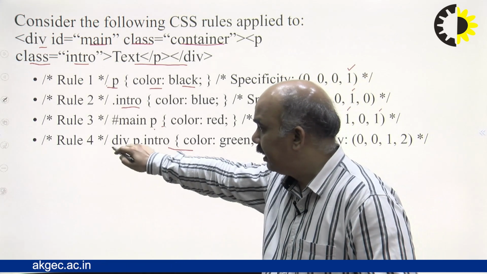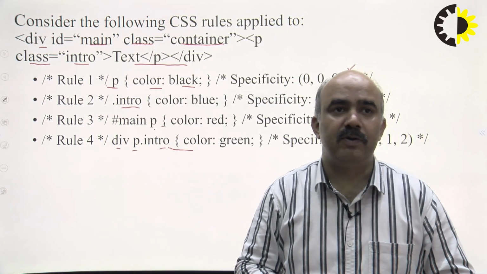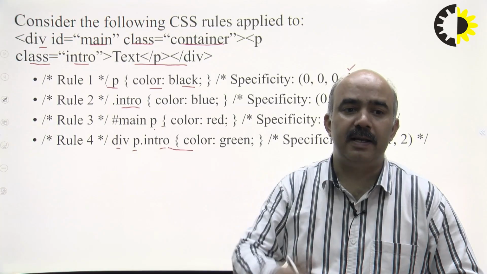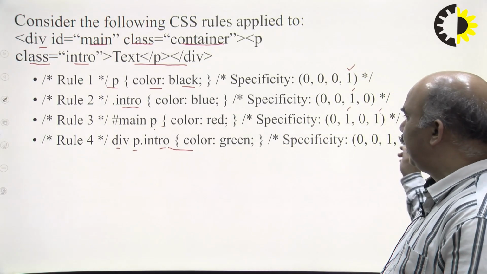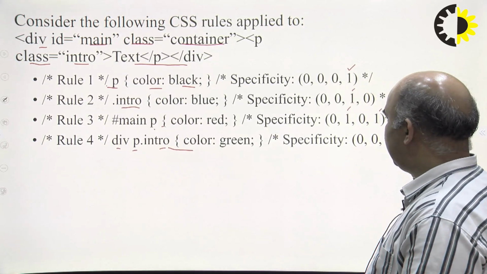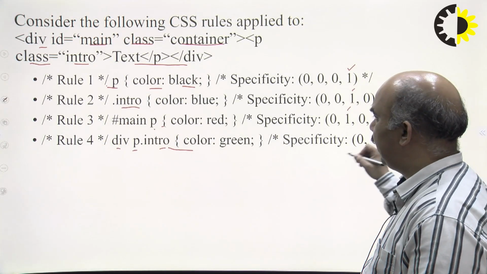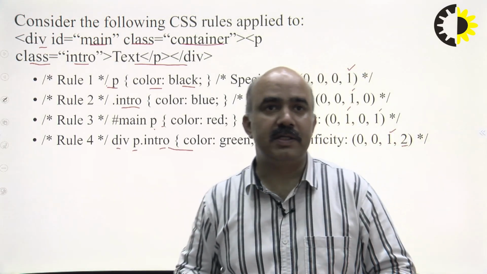And we have here the div P dot introduction, three elements on which we are applying the colors. Div and P will be at the fourth location, and the introduction class at the third location.